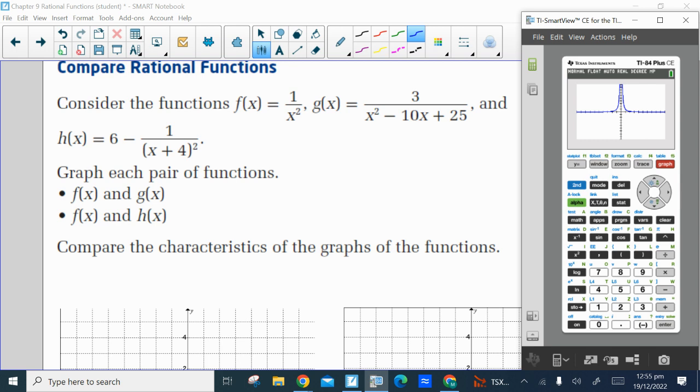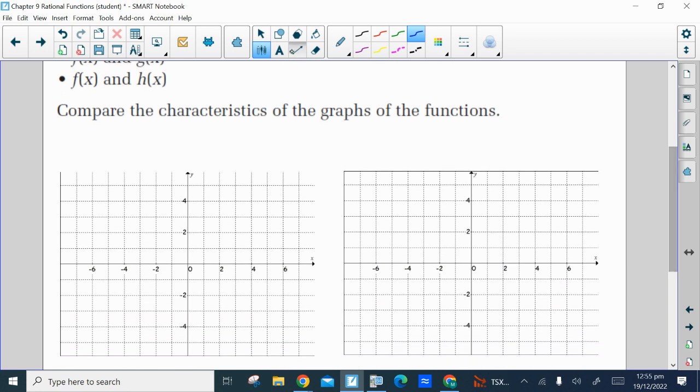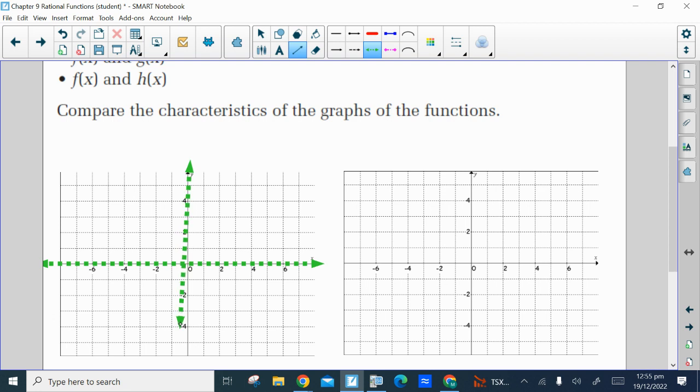So that is why the x-axis is an asymptote. And the y-axis is our asymptote because x equals 0 is a non-permissive value. Our vertical asymptote always comes from the non-permissive value, and that is x equals 0 in this case. So for y equals 1 over x squared, it has the x-axis and the y-axis as an asymptote.